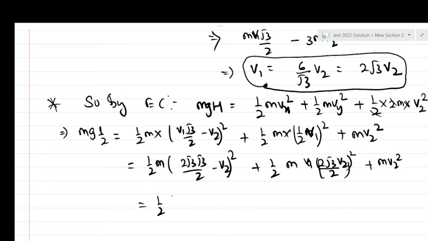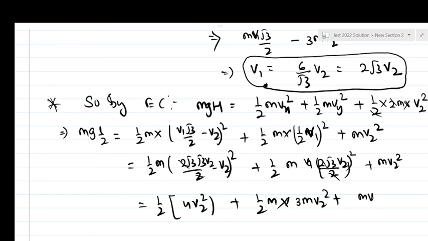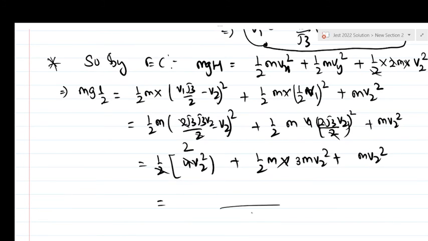If you take m common, m will get cancelled, so this will be 3 v2 minus v2, that is 4 v2 squared, plus half m into 3 m v2 squared plus m v2 squared, and then 4 plus 3 plus 1, sorry, that is 2, so 9 by 2 v2 squared.